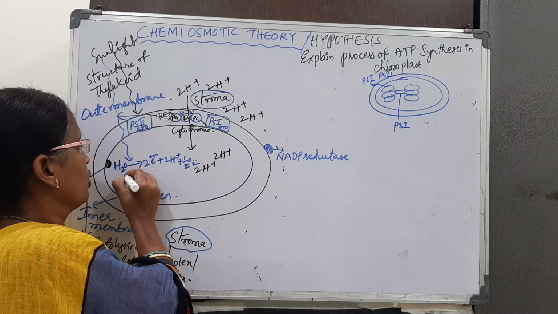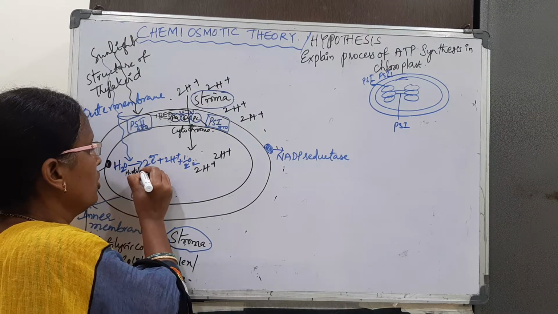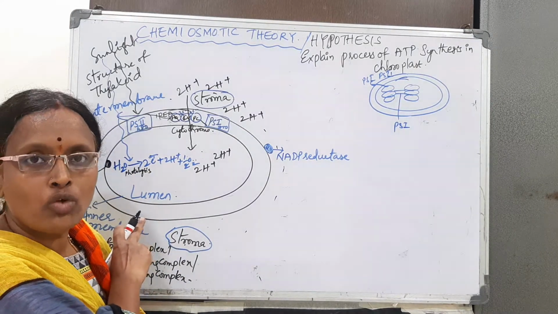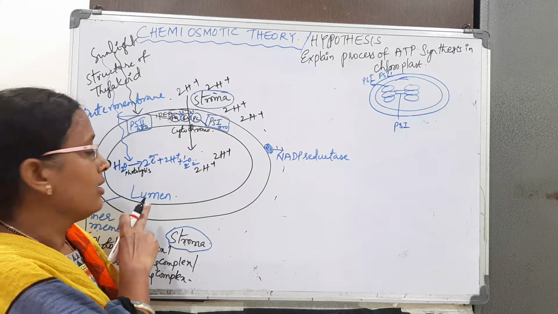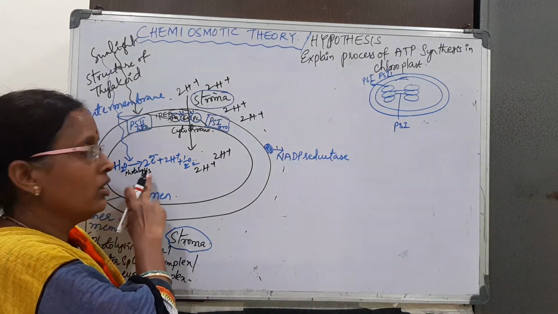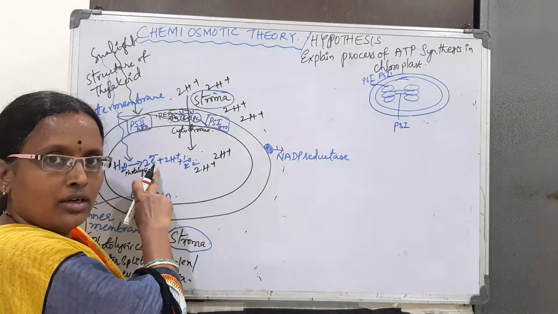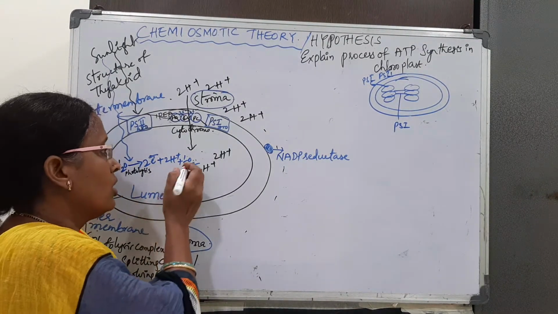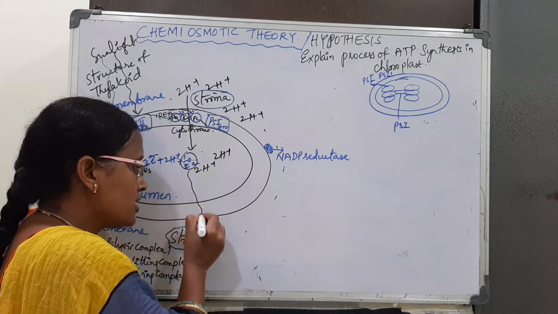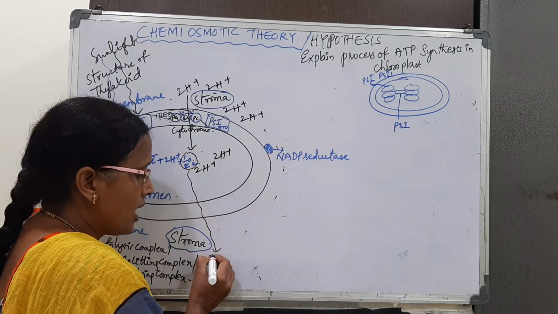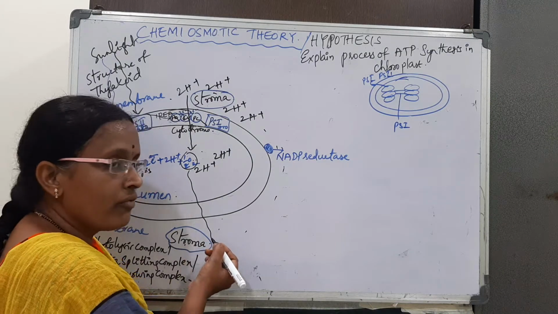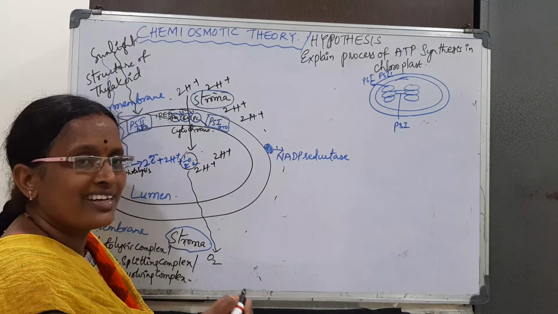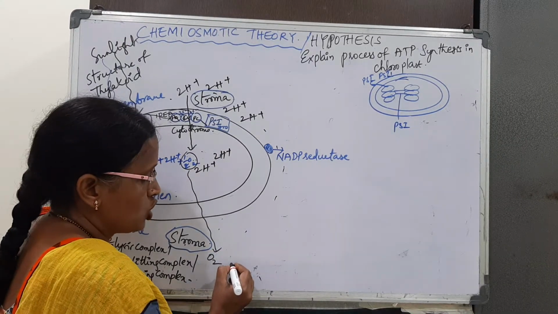This is photolysis. Water is split or broken down in the presence of light, releasing two electrons, two protons and O2. This oxygen is released as a byproduct of photosynthesis into the stroma. From the stroma it reaches the atmosphere. Through what is it released into the atmosphere? Stomata.